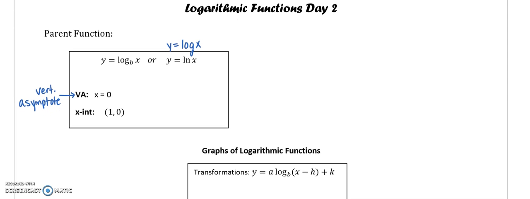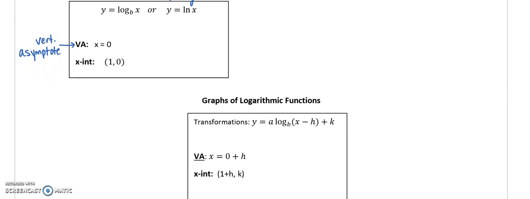If we actually have transformations, then we're going to use those transformations in order to figure out where our vertical asymptote would be and where our x-intercept would be. Our vertical asymptote is always x equals 0 plus whatever left or right shift we have. And the x-intercept is always 1 plus the right-left shift, and then k, the up-down shift, is the y value.